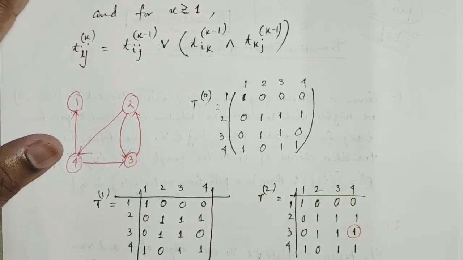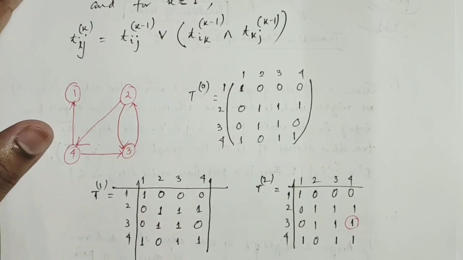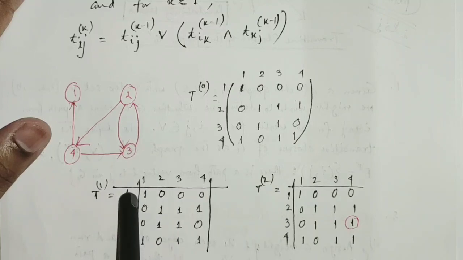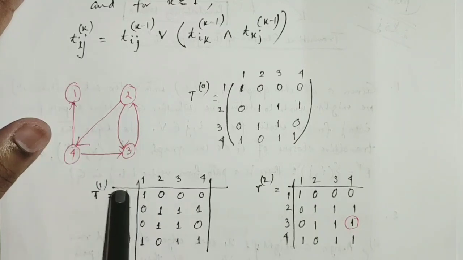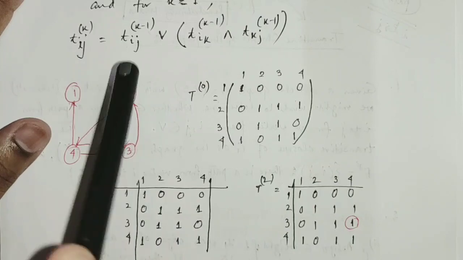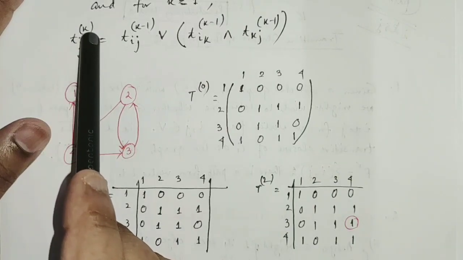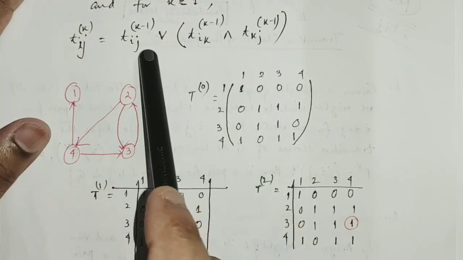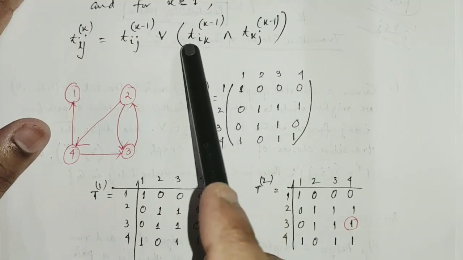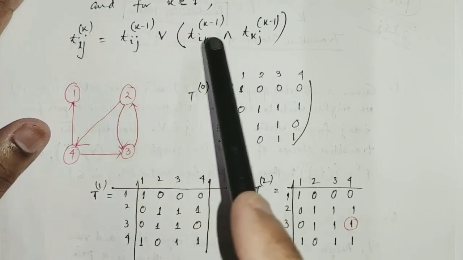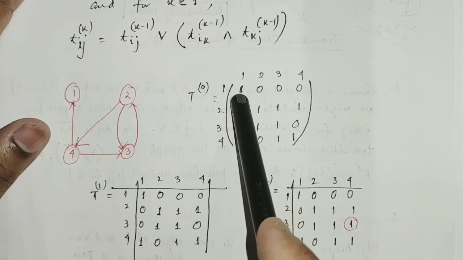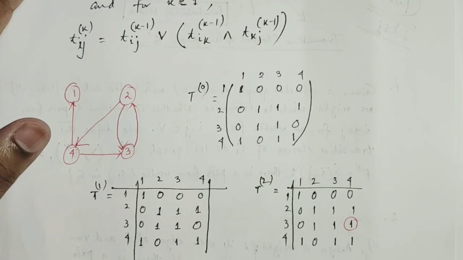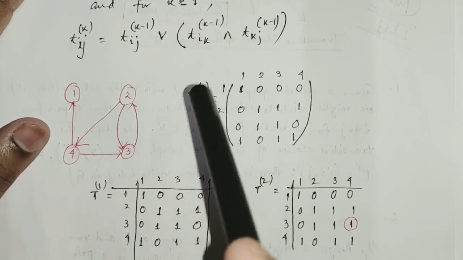Randomly you can check on 1 to 2: i is 1, j is 2, so k is 1. So 1 to 2 using 1. 1 to 2 using 0 is 0 here. Or 1 to 2 using 1. So 1 to 1 using 0, that is 1, and then I to k, k to j.